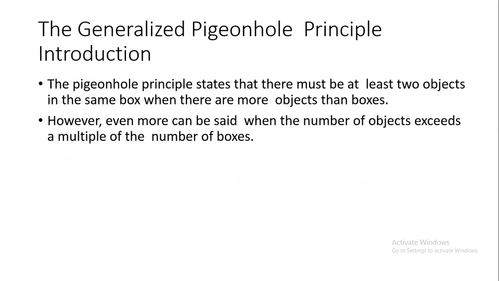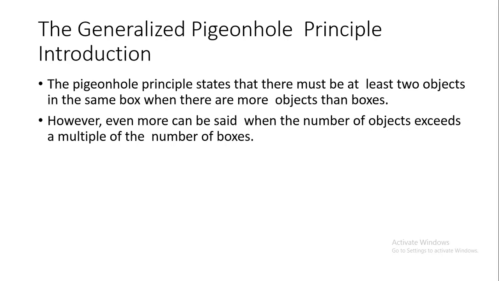Next, see here the generalized pigeonhole principle. The pigeonhole principle states that there must be at least 2 objects in the same box when there are more objects than boxes.